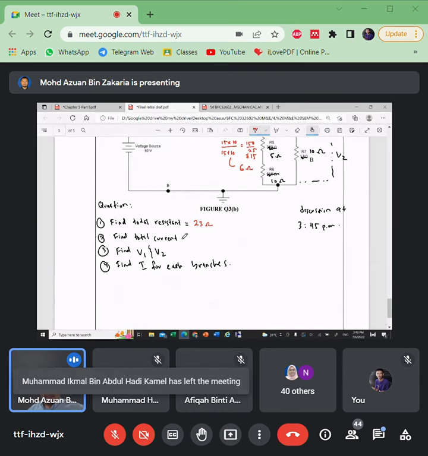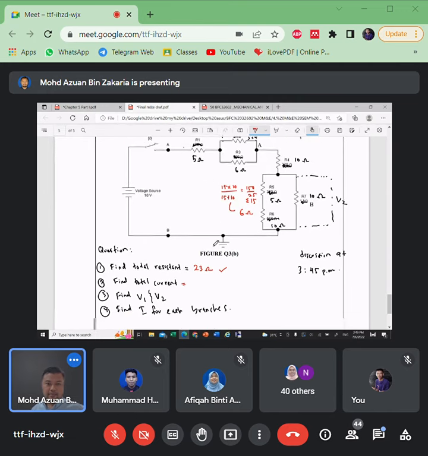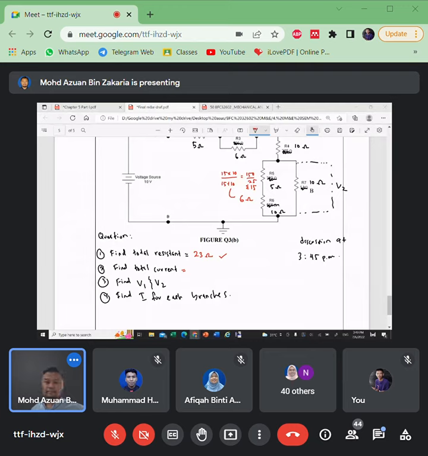And then total current. Total current is very straightforward. We already have total resistance. Then what is the total current? Can you calculate for me? What is the value of total current? Okay, Amirul says 0.43 ampere.